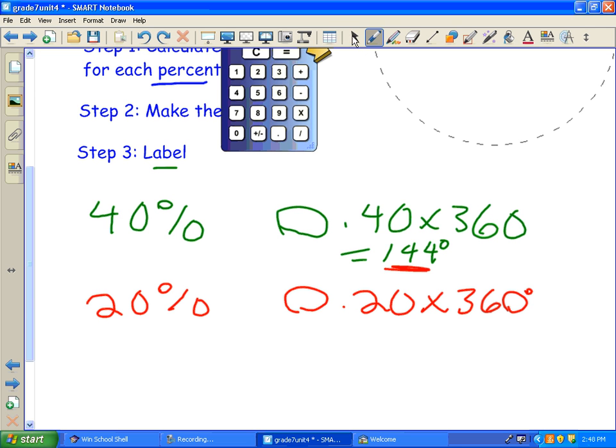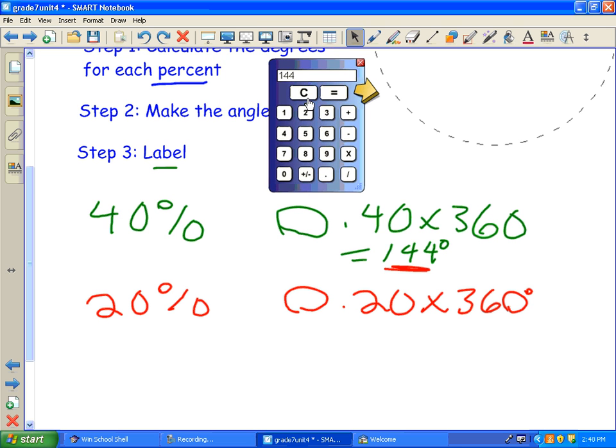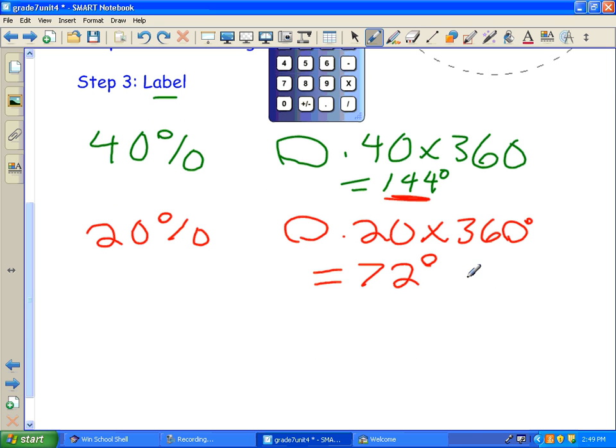But I'm going to work it out here just to show you. So 0.20 times 360 degrees equals 72. Oh, there you go, 72. So I was wrong. Good thing I checked. So the answer is 72 degrees. See, never hurts to check.